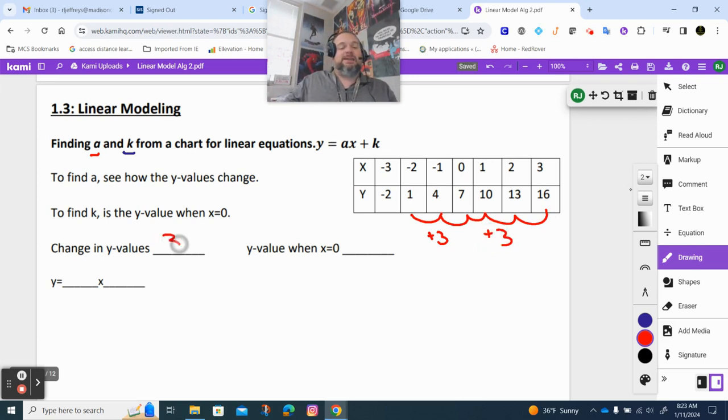So that is actually my A. My K value is when X is 0. So X is 0 right here. My K value is 7. Now, I didn't put a plus or minus right here because I actually wanted y'all to write that today.